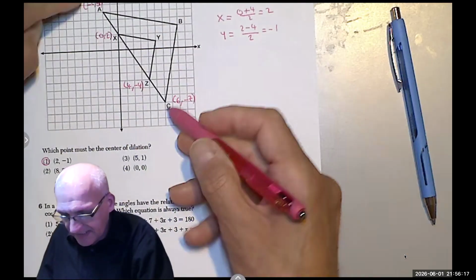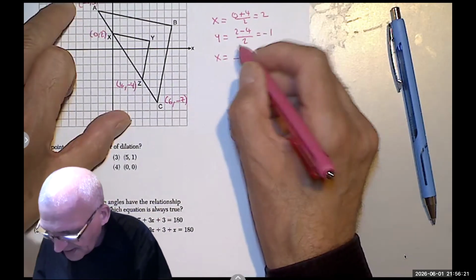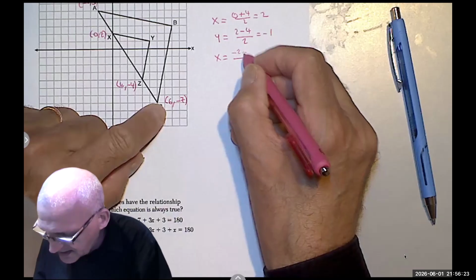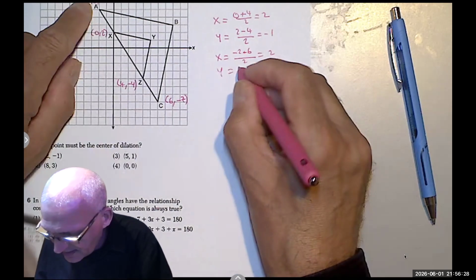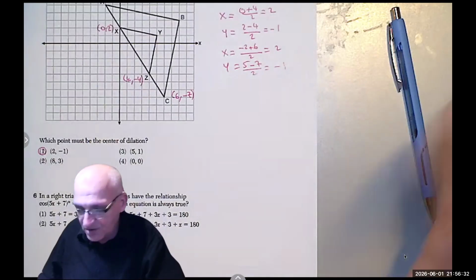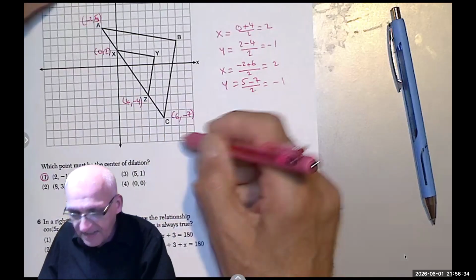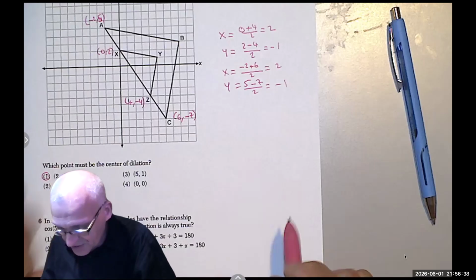Again, if someone selected A and C, we would say x equals the midpoint, negative 2 plus 6 is 4 over 2 is 2. And the y is 5 minus 7 is negative 2 over 2 is negative 1. So whether you pick XZ or AC and take the midpoint, you will get the same result.